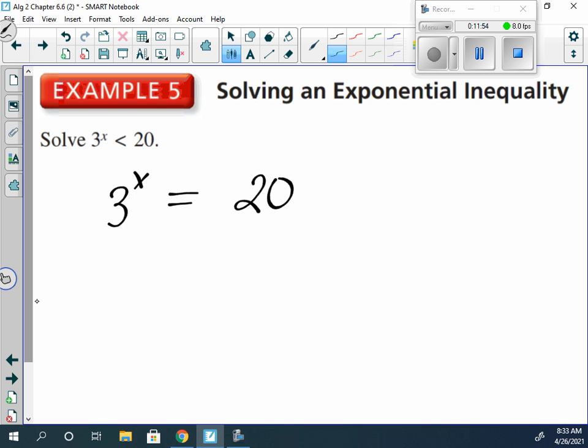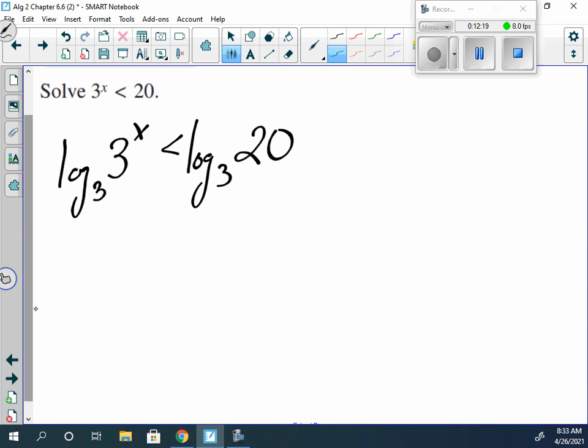I can't subtract 3 because it's connected with that x. Because what did we do on Thursday? It involved logs. Log base what?